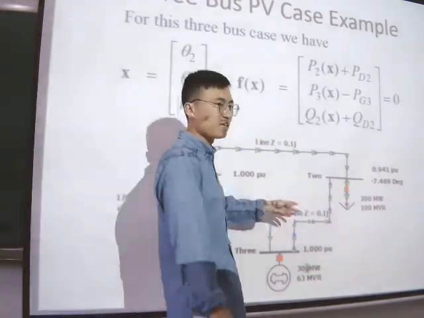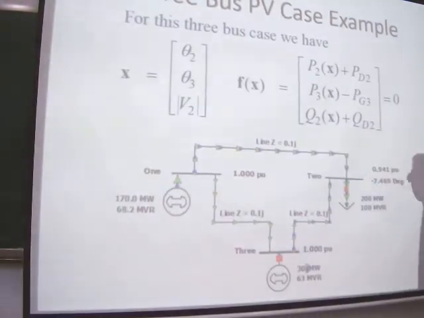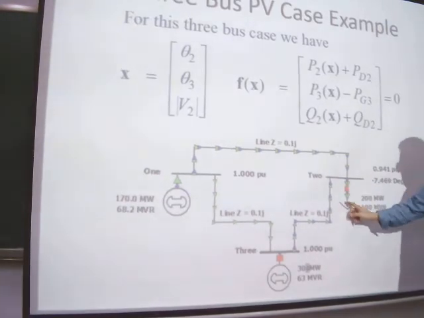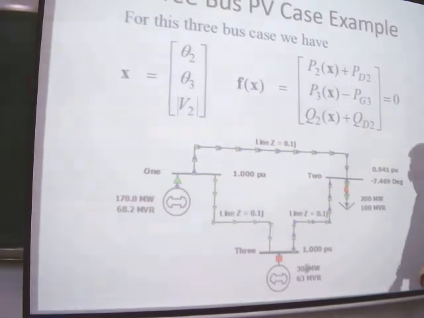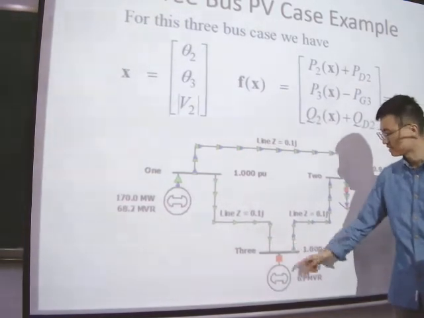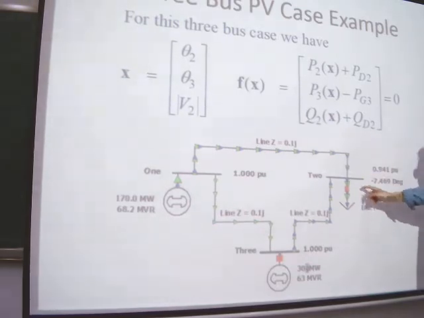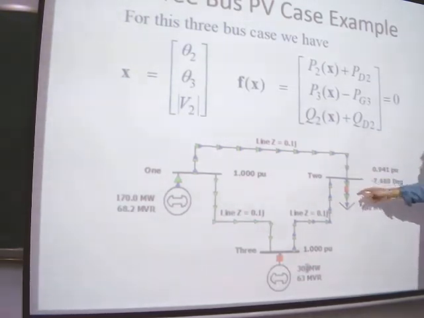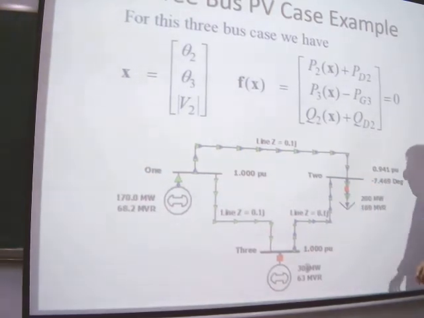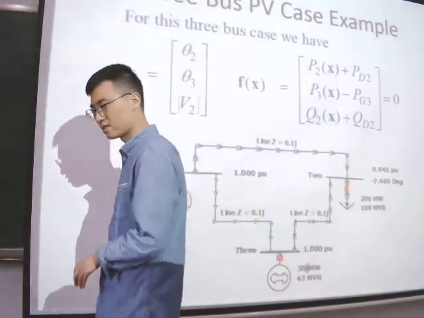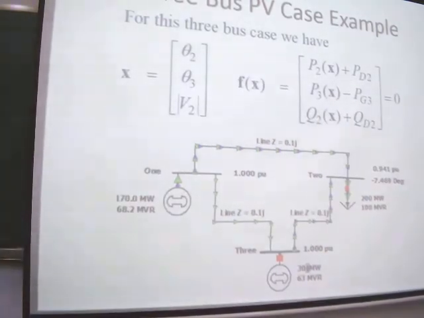You can see that for the bus we have P2 and the demands, P3 and the demands, and Q2 and Q3. Because here is a PV bus, we do not know the reactive power, so we name it Q2 here.